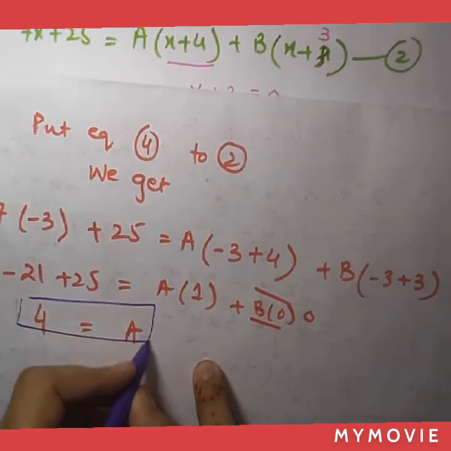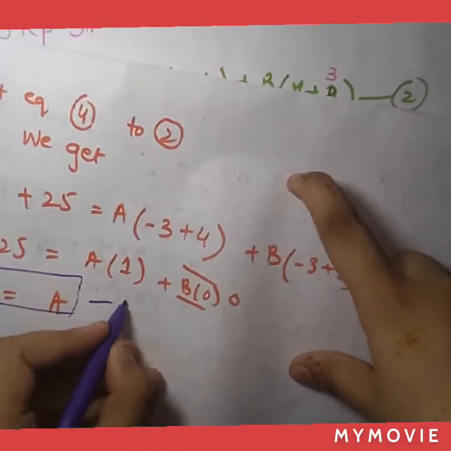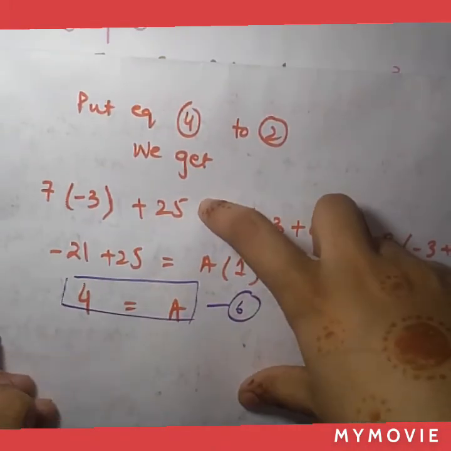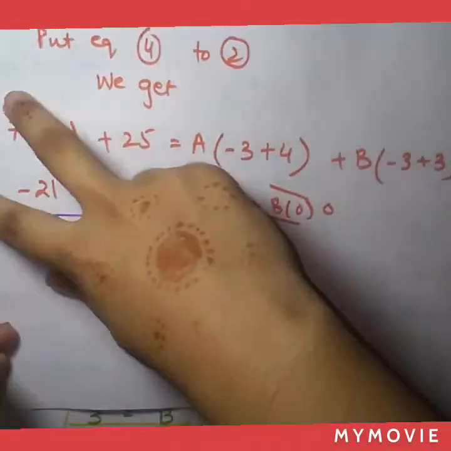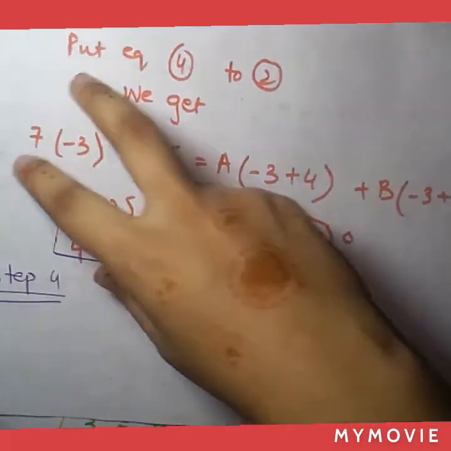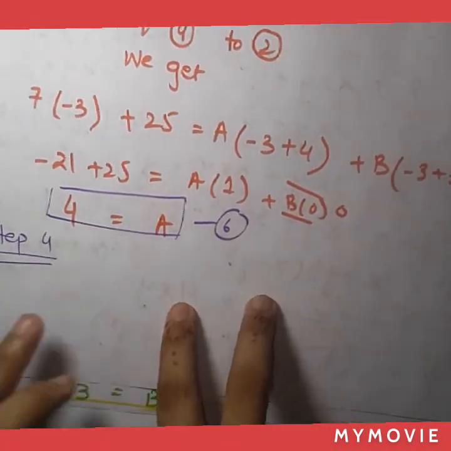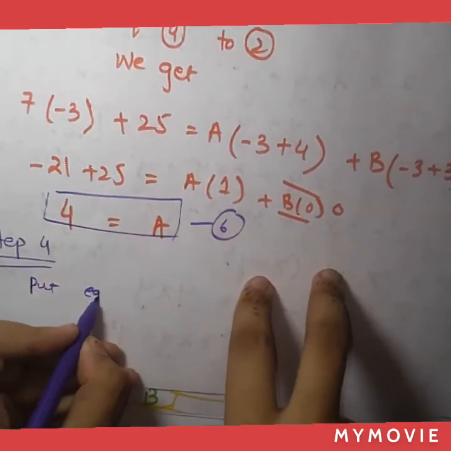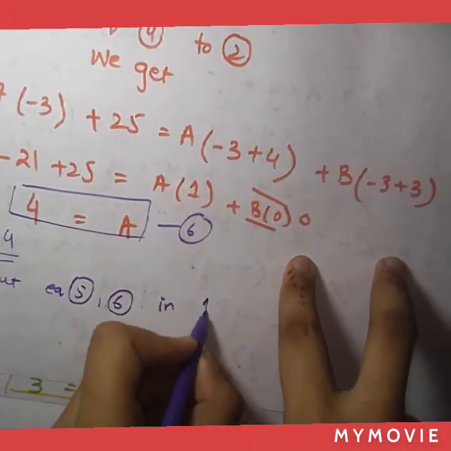Okay, now this is equation 6. Now we have to put equations, this is our step number 4. There are 4 steps to be followed for partial fractions. Step 4 is to put equations 5 and 6 in 1.